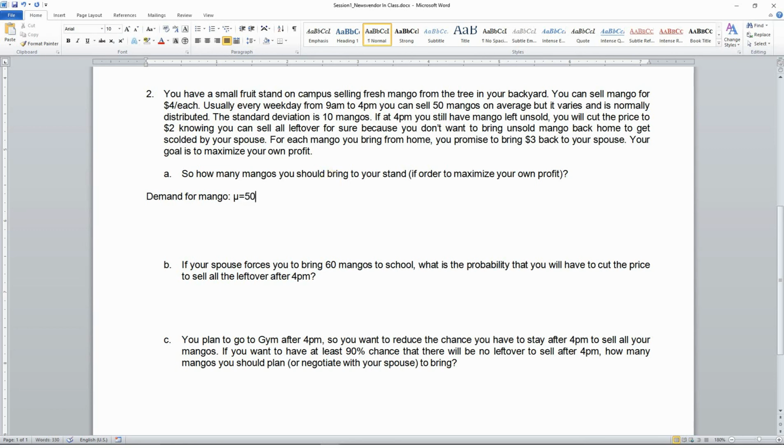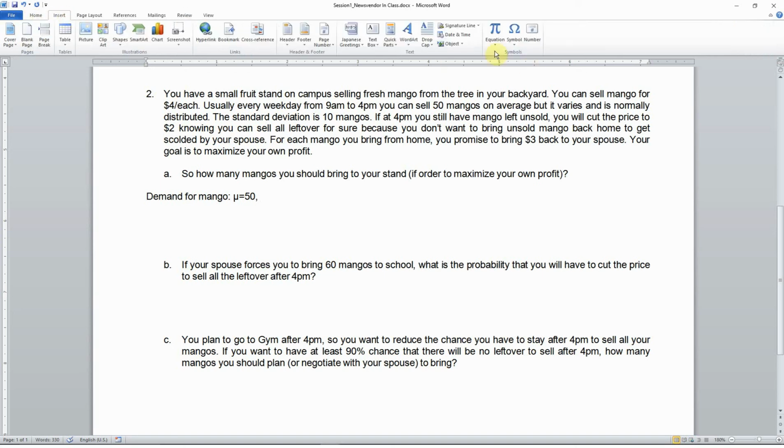And the standard deviation, which we'll call sigma, is 10 mango. So 50 mango and a standard deviation of 10 mango.